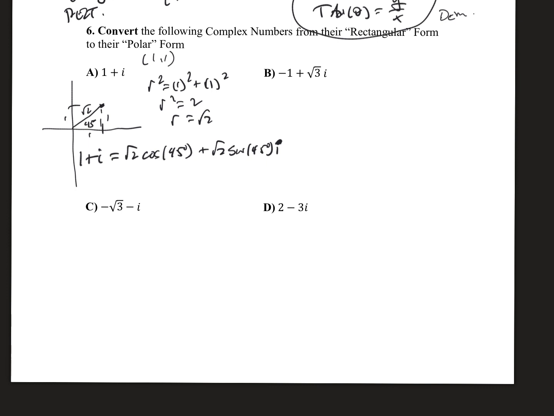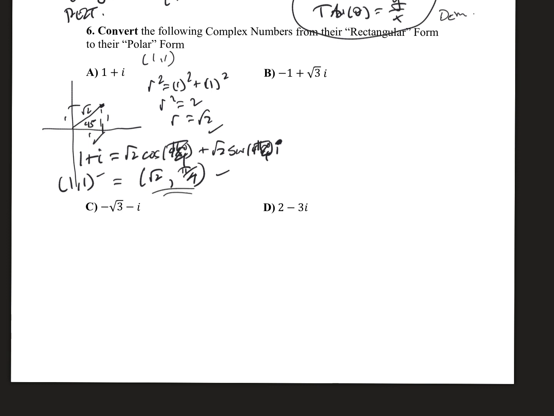Then I probably should let you know that when we are working in polar form, we actually do use radians. So that would be the rectangular form, and here's that complex number written in polar form. This would just be pi over 4 and pi over 4 respectively. Or you can just keep writing things in degrees, but we usually go radian. All right, so that's it.